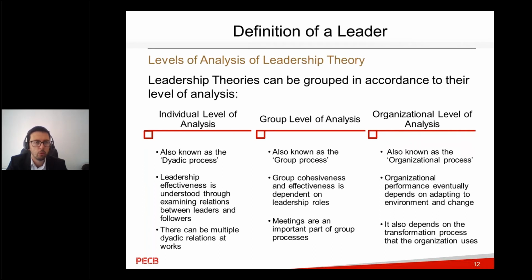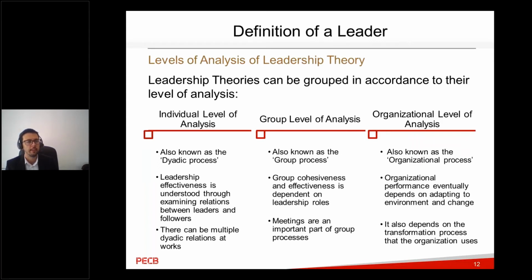So when we try to analyze how a leader deals with individual people, we assume that a leader tends to also listen to people and not only give orders to them. So in this sense, there is an implicit assumption that leadership effectiveness cannot be understood without first examining how a leader and a follower in fact influence each other.